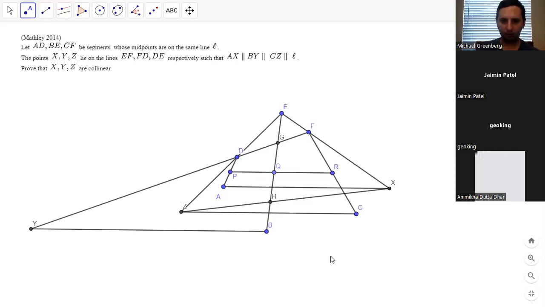Let's see. Label that point. So what about EIHJ?